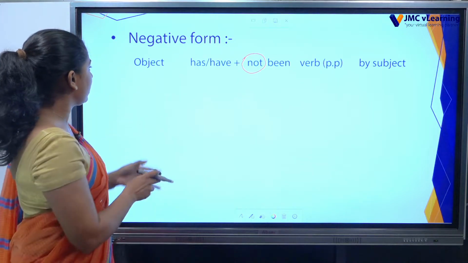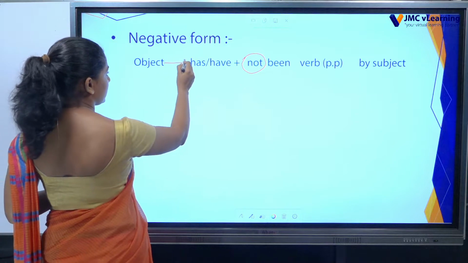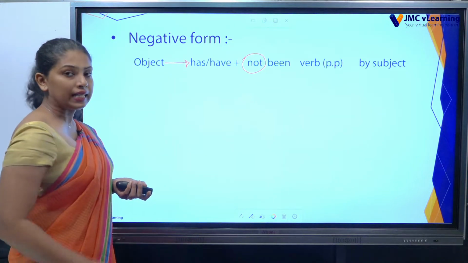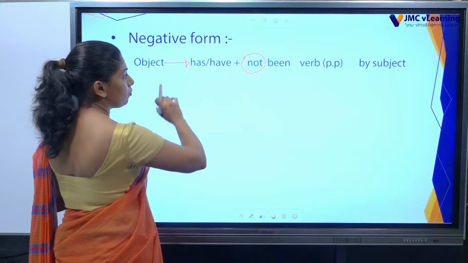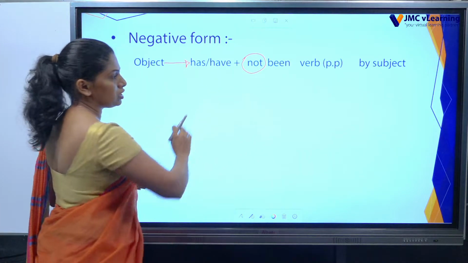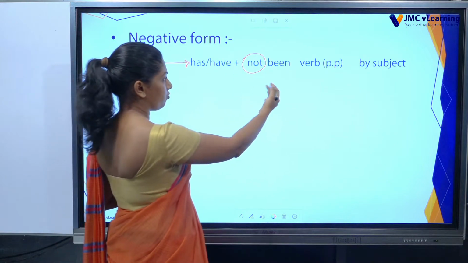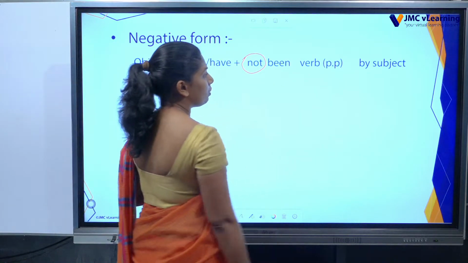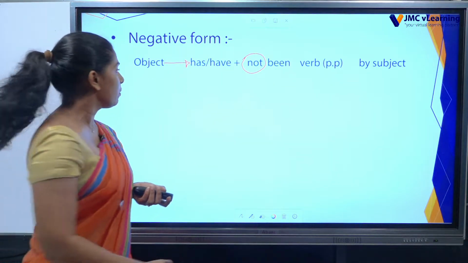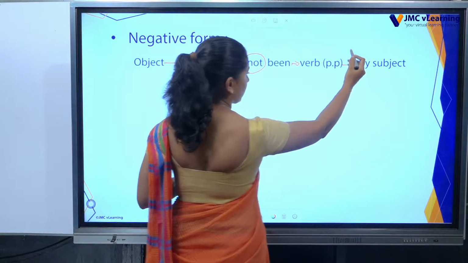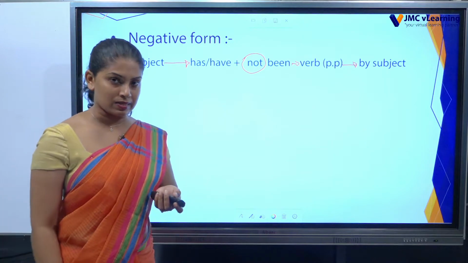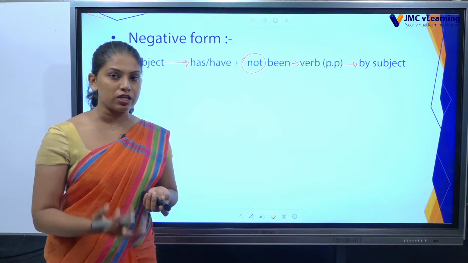So first we write the object as we learned earlier. Then according to the object we find whether it is has or have. Then we add not, then the helping verb been, then the verb past participle, after that by subject. So this is how we make the present perfect tense passive negative form.